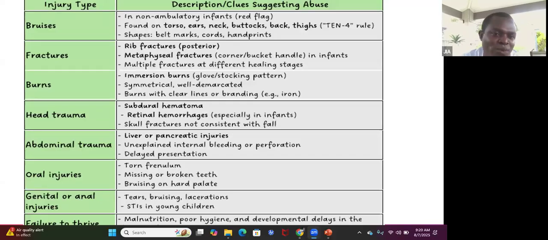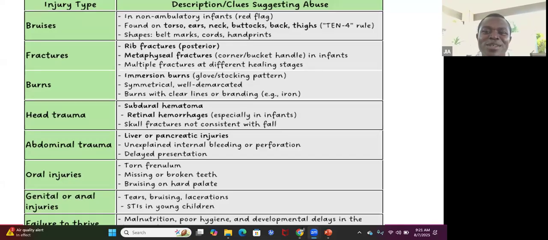The next one is bruises found on the torso. The torso is your trunk, excluding your limbs. So anywhere around your torso, your ears, your neck, buttocks, your back, your thigh. We have a rule, on the next page, called the 10-4 rule.